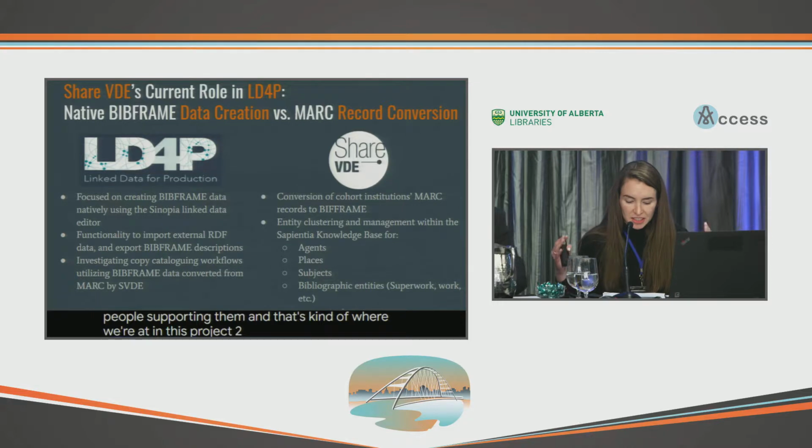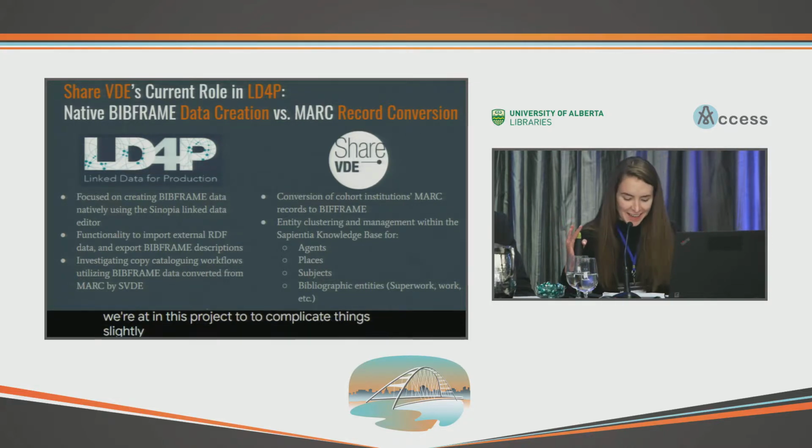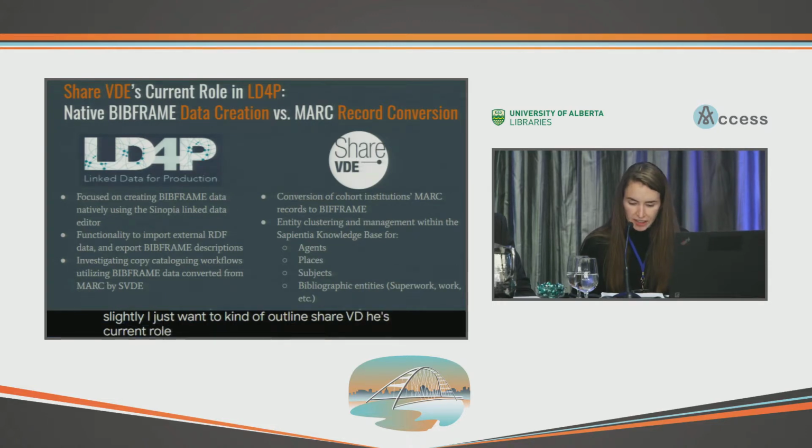Now to complicate things slightly, I just want to outline Share VDE's current role in the LD4P project. As I've mentioned, LD4P is focused on creating the systems and tools required to create BIBFRAME descriptions natively.